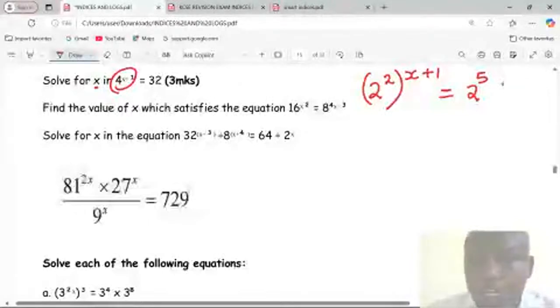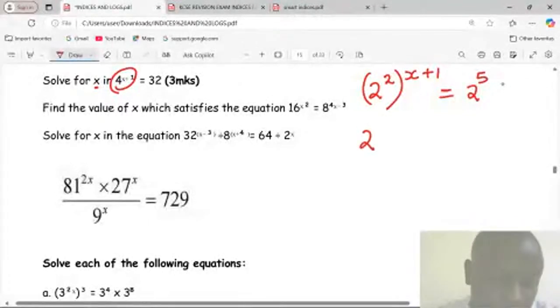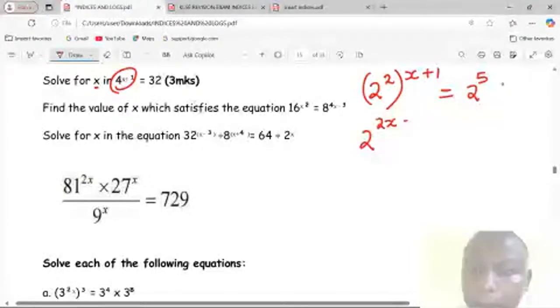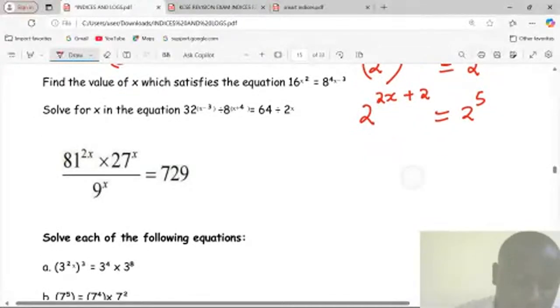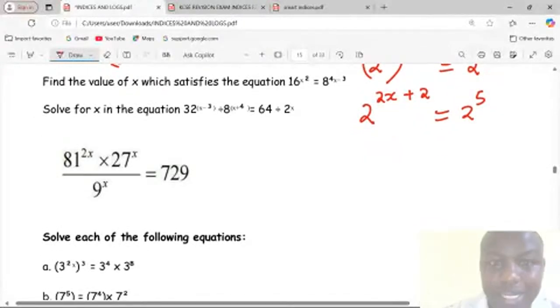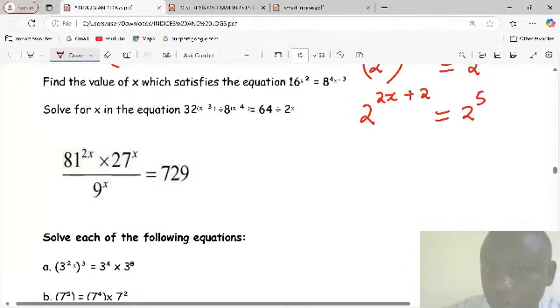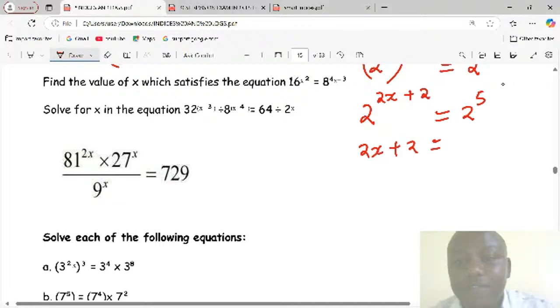So on this side, we were talking of the product law, which will leave us having 2 power 2x plus 2. This is equivalent to 2 power 5, meaning that because the bases are now the same, we can just equate the indices and talk about 2x plus 2, which is equal to 5, because the other power is 5.